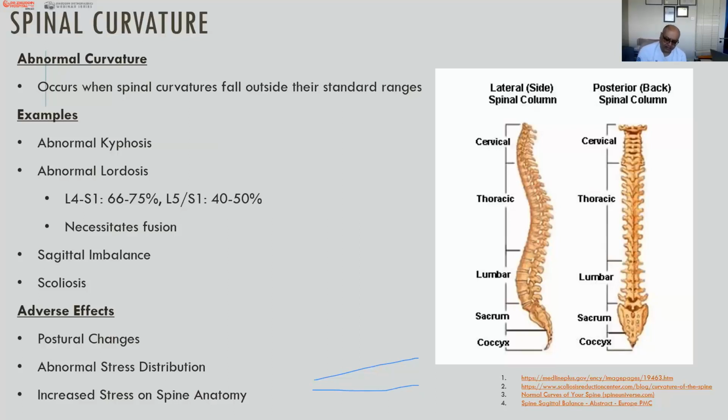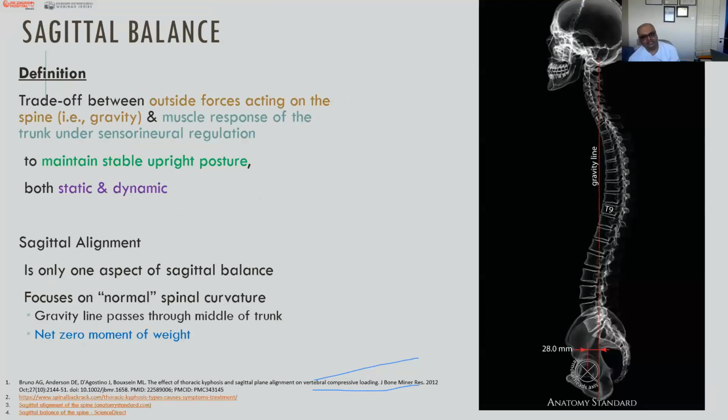Okay, fine. Now next is sagittal balance, which is different from sagittal alignment. Sagittal alignment just tells you the alignment of the vertebral column at any point in time. Normally, a sagittally aligned vertebral column will have the C7 vertebra right over the S1 vertebra, and the line going through the auditory meatus goes through C1.